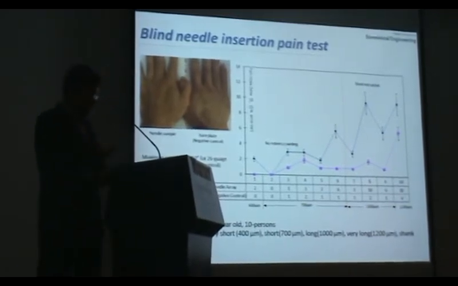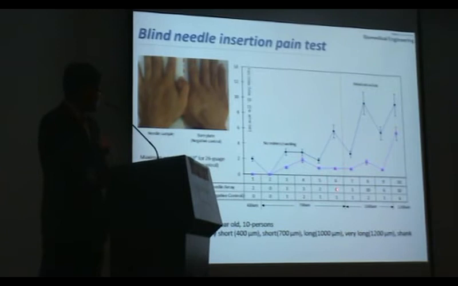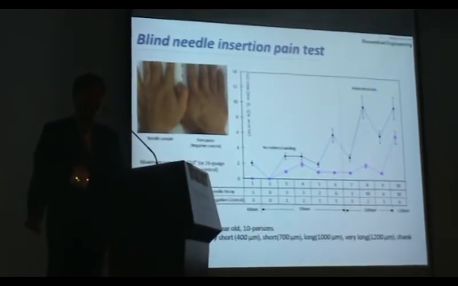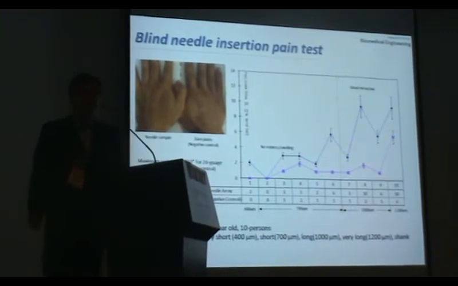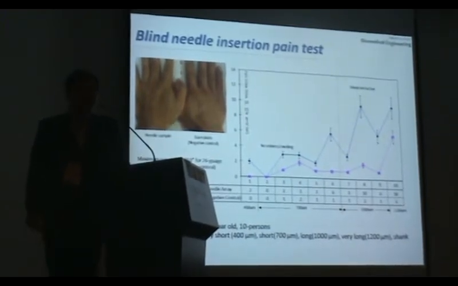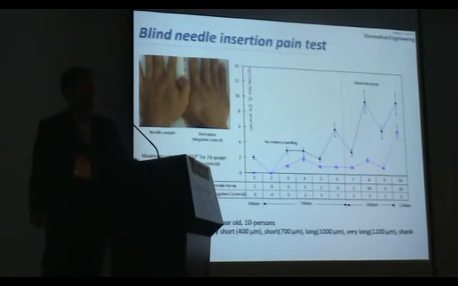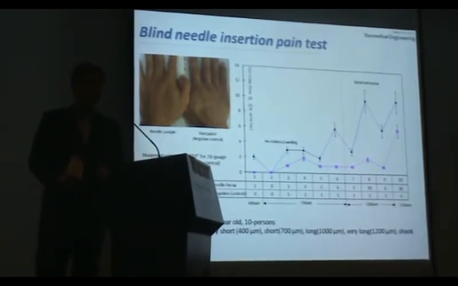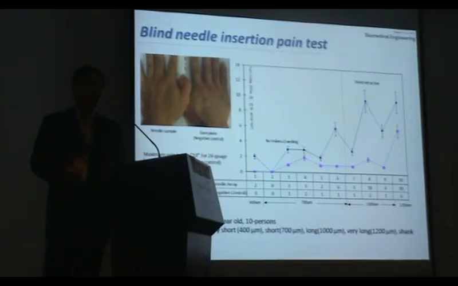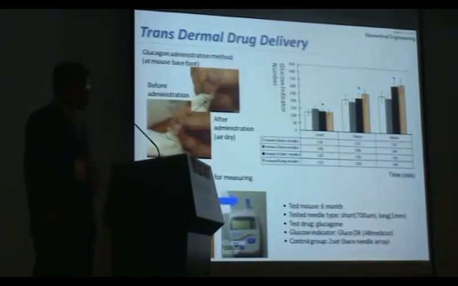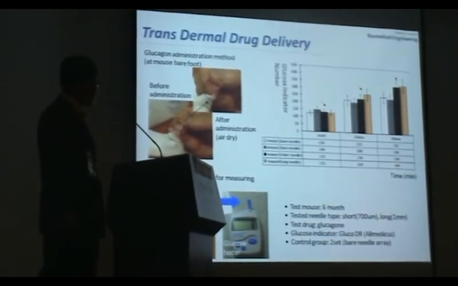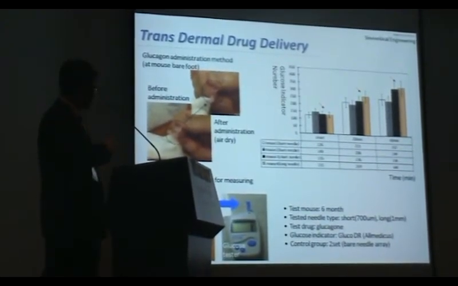A needle with a height of 700 micrometers will not irritate much of the neuron, so it will not give any pain. So I call this a painless microneedle array to deliver drugs, actually high molecular proteins. I also used a mouse and extracted some blood.